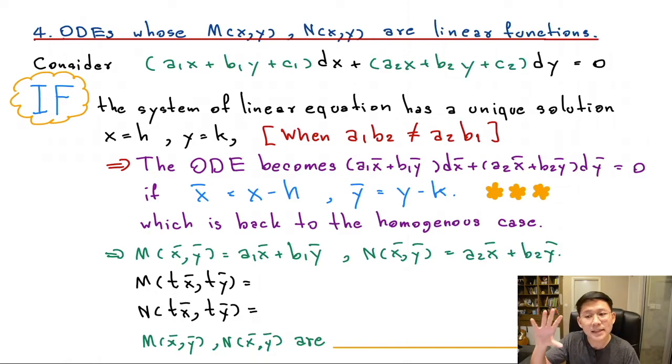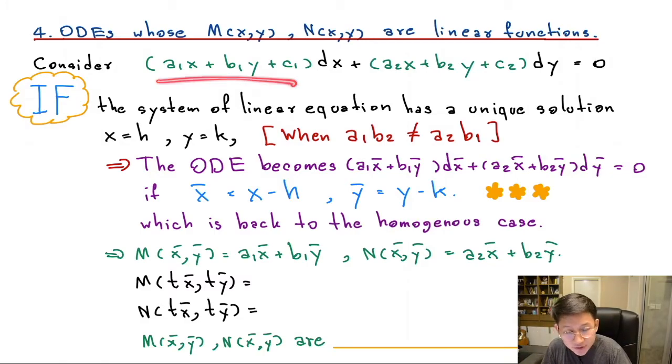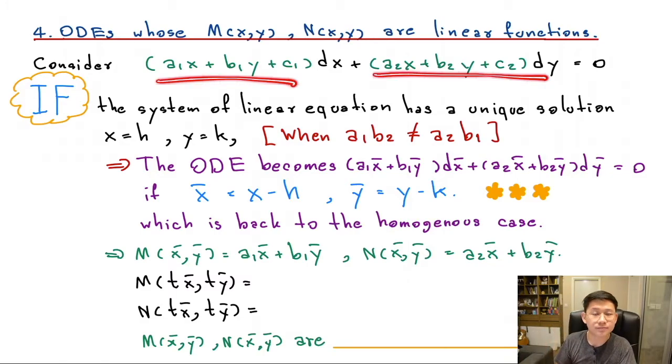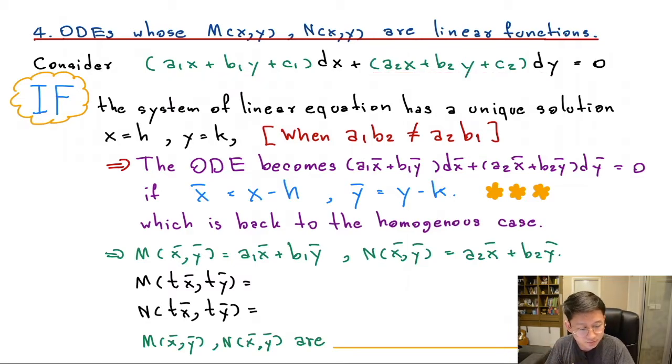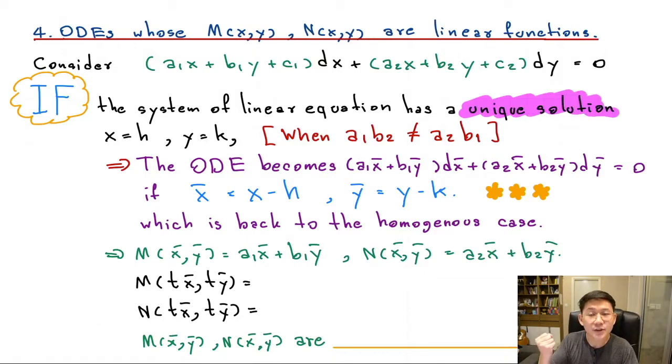We're going to split this into two cases. The first case is when you can solve this system of linear equations and obtain a unique solution. Unique means only one.